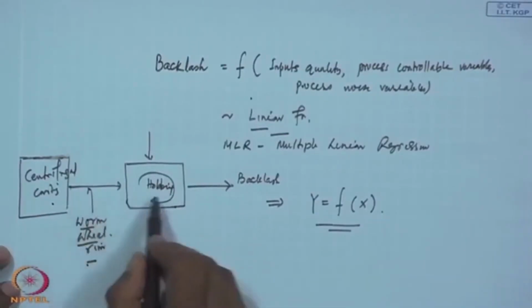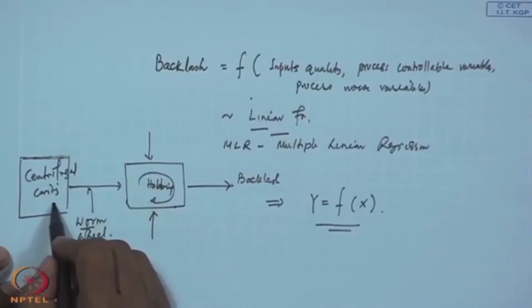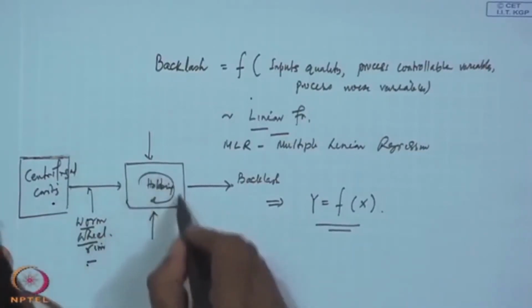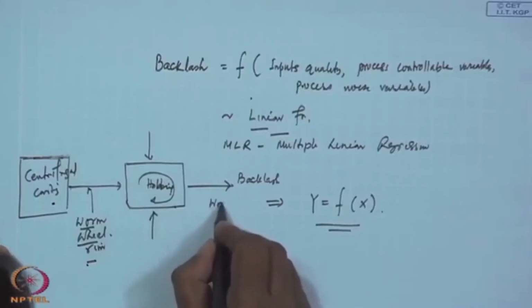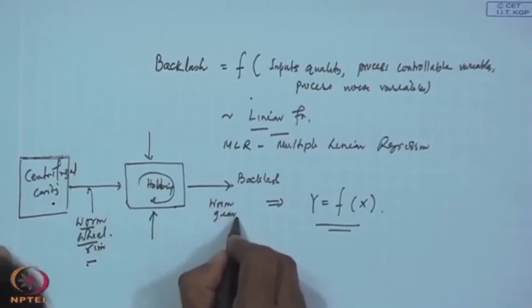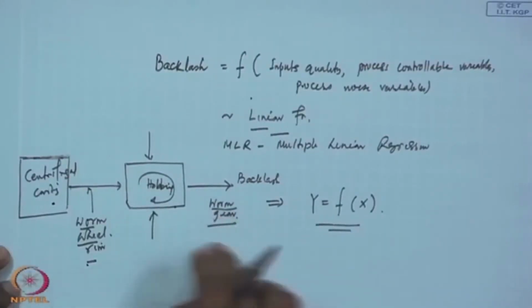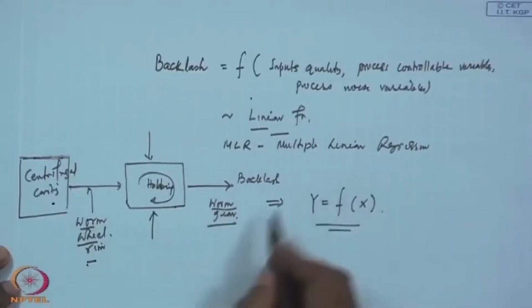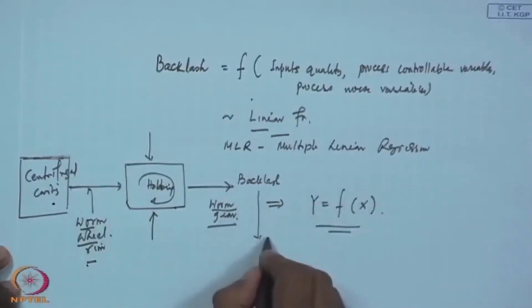So here hobbing is customer to the casting process. Now, after hobbing the worm gear is formed. This worm gear is sold to different customers, end users.